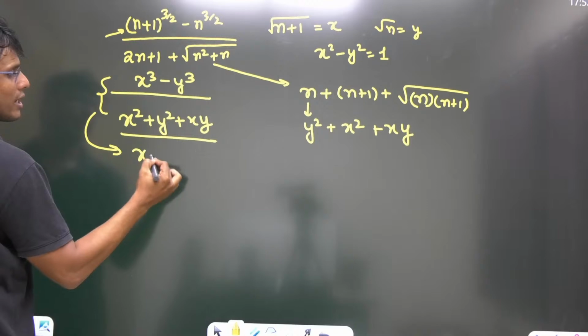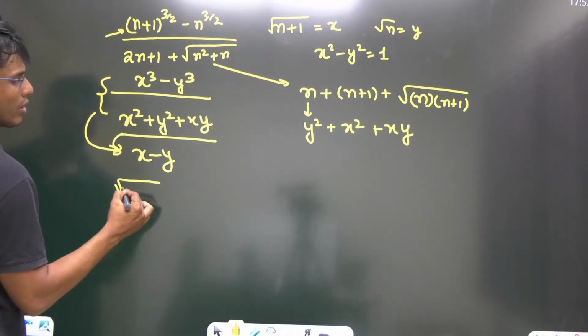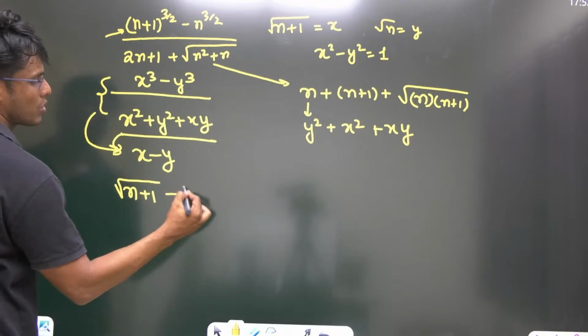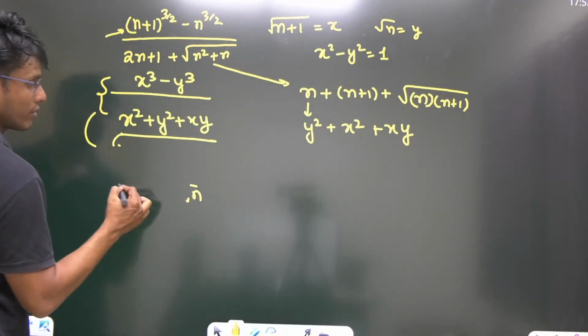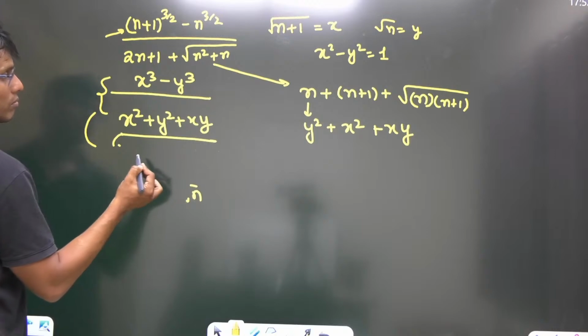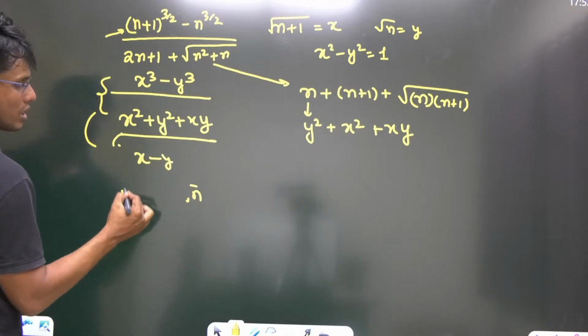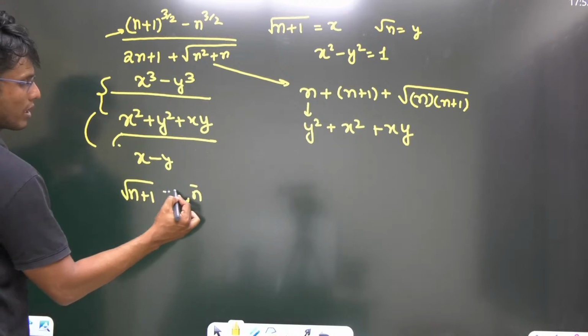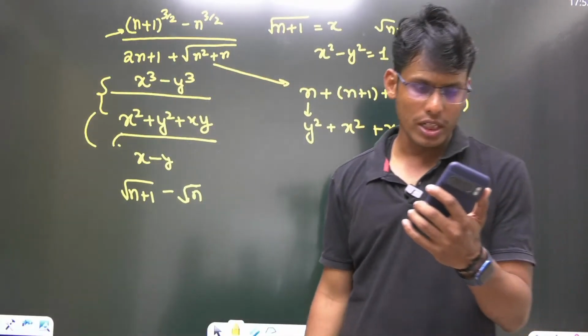This factor will get cancelled. You have only x minus y. What is x minus y? Square root of n plus 1 minus square root of n. Got it?